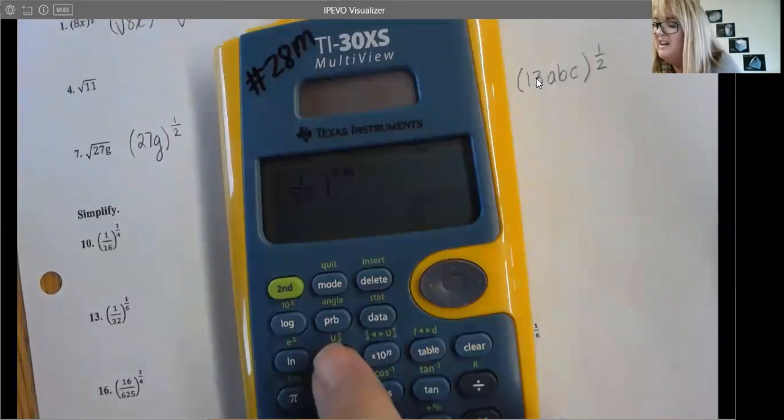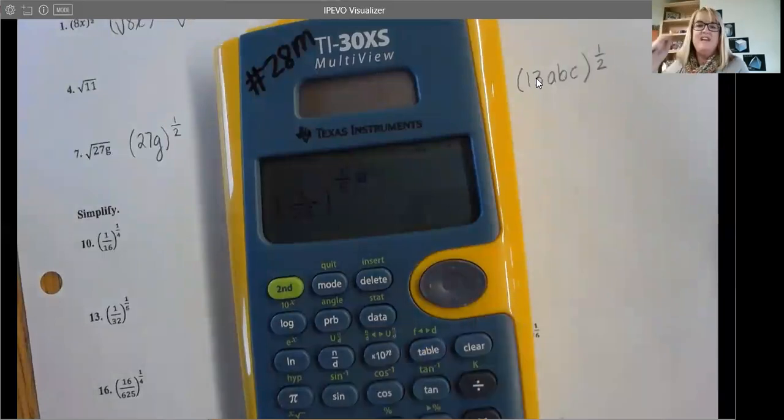It's quite a lot of keys, but you've got it. 1/32 to the 1/5 power, enter, and it equals 1/2.